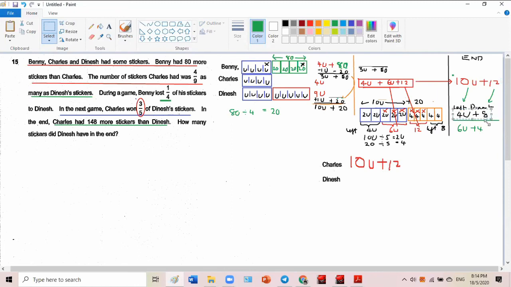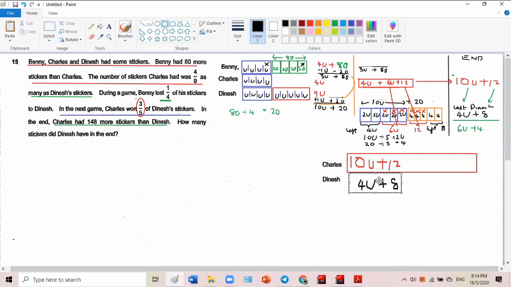Can you see that? So far so good, I'm not doing any magic. Charles is so long, Dinesh has 4 units plus 8.